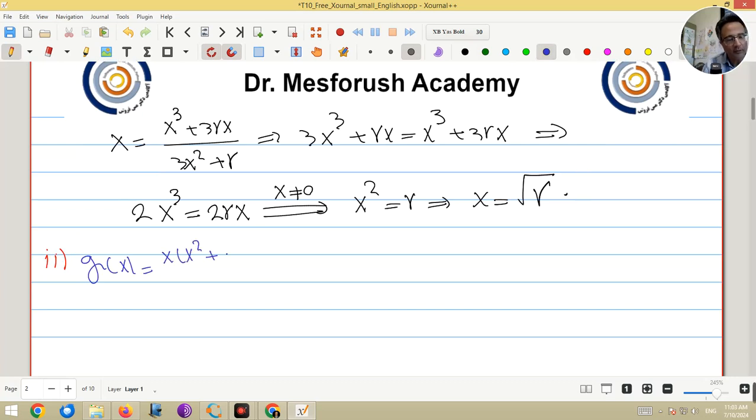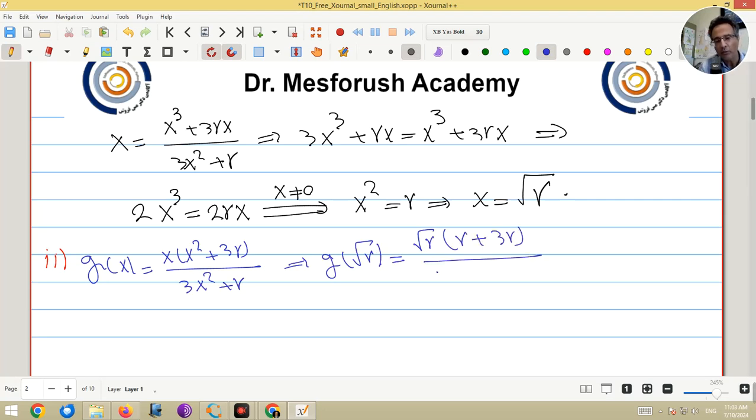Okay, so for the second part of the problem, we define g of x equal to x times (x squared plus 3r) over (3x squared plus r). And if you compute g of square root of r, it will be square root of r times (r plus 3r) over (3r plus r). You cancel r plus 3r and 3r plus r.